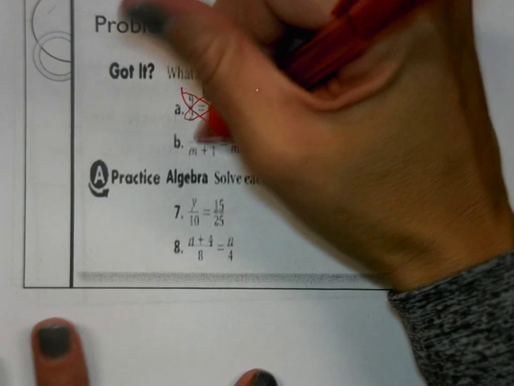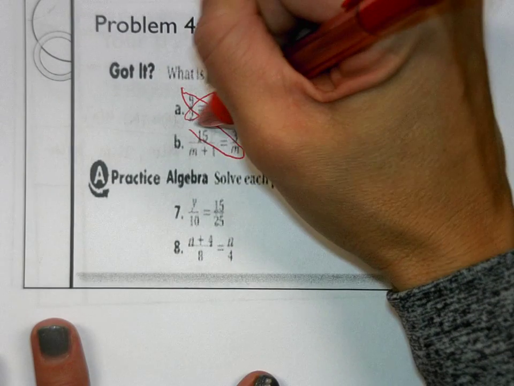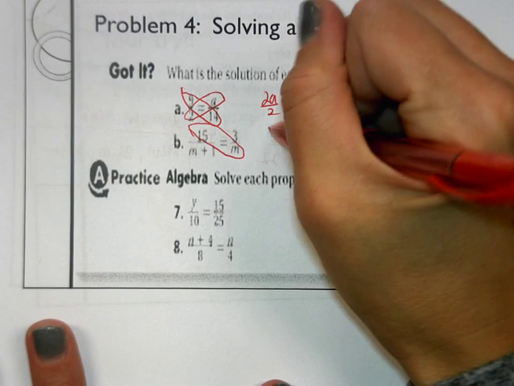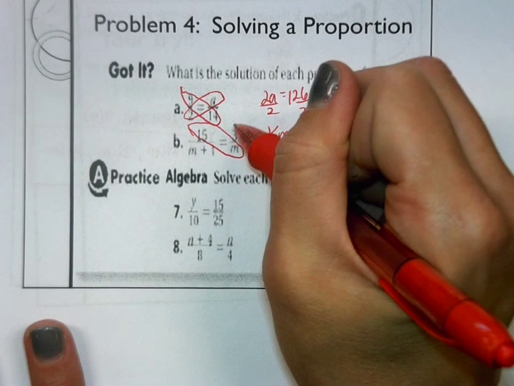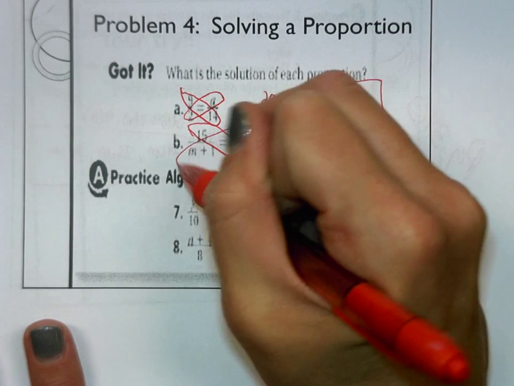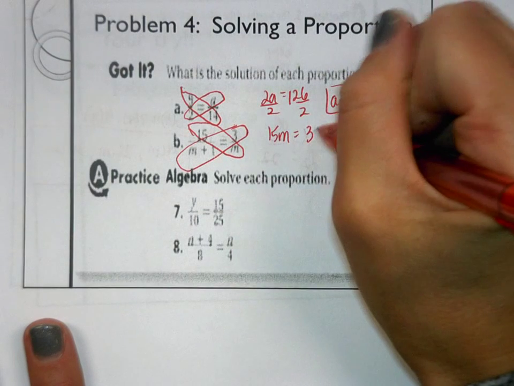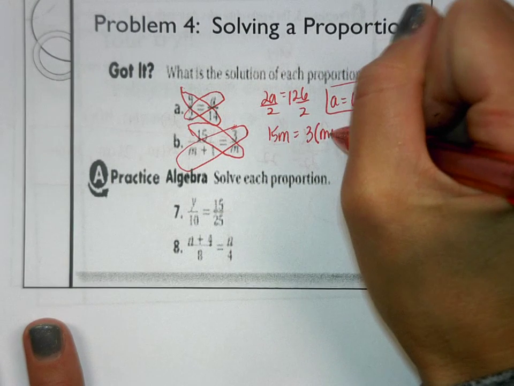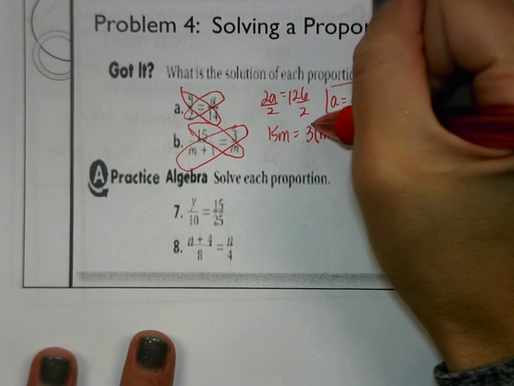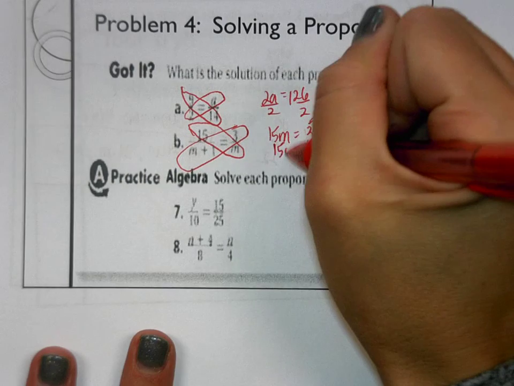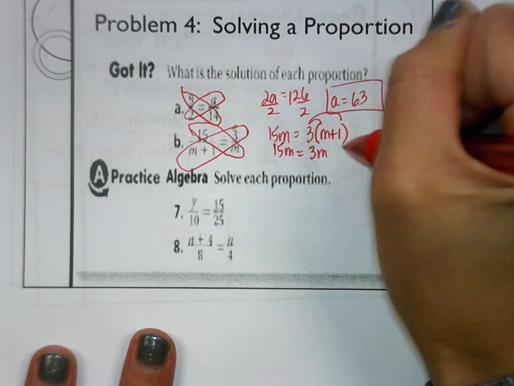We're going to go 15 times M, which is 15M. Now on the other one, because I have a plus, you need to make sure that you multiply 3 times M plus 1. So you might want to write that out as 3 times M plus 1, and then make sure that you distribute. Okay, so we have 15M equals 3M plus 3.